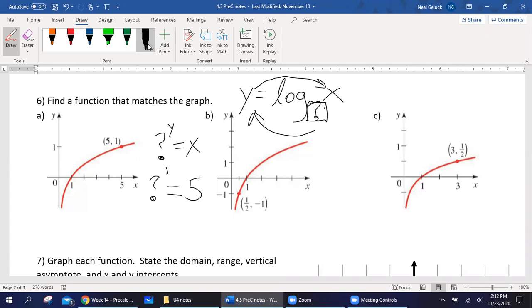Well, fairly simple. Something to the first power is 5. That something has to be 5. So the question mark, which again is the thing we're trying to find, for this one is 5. So this answer would be log base 5 of x equals y.